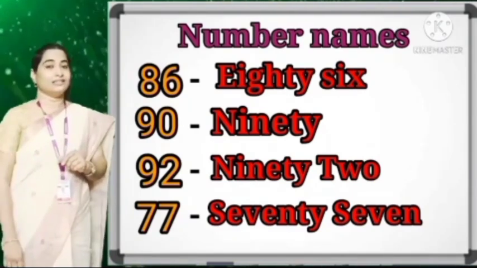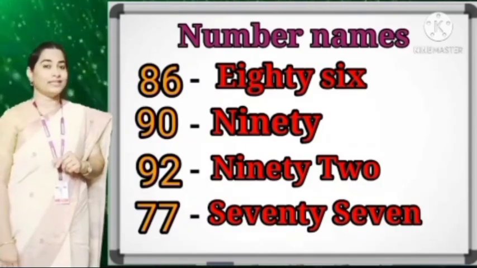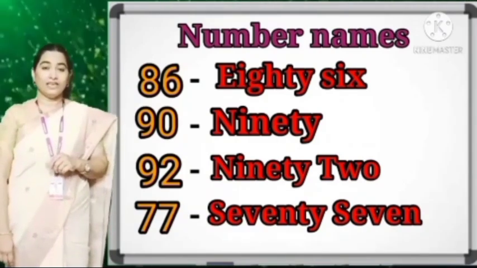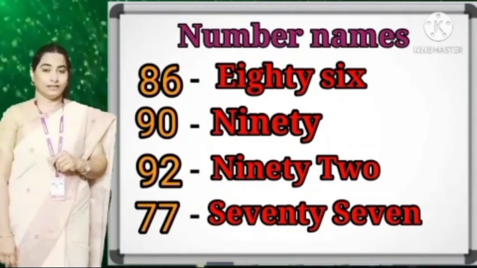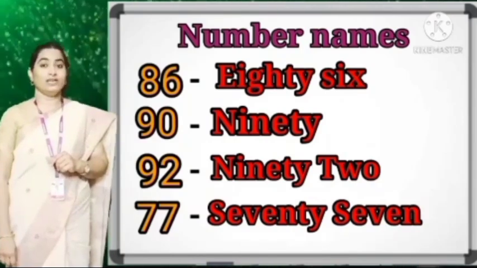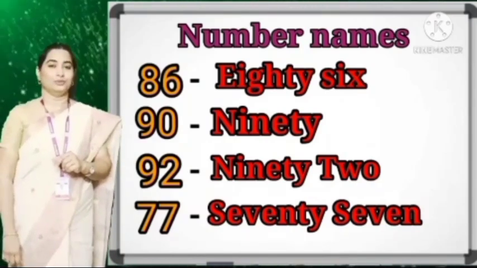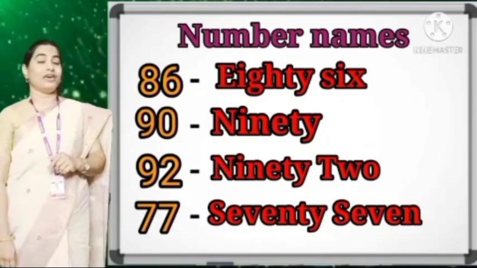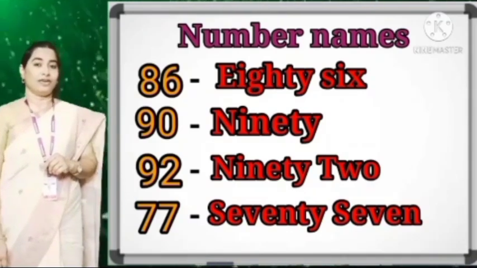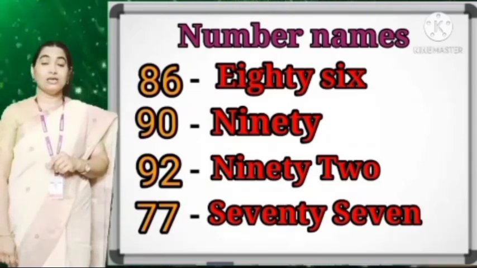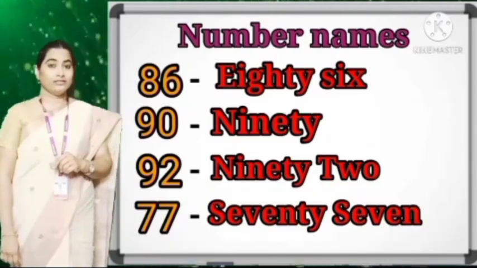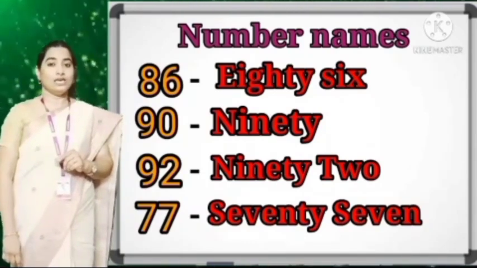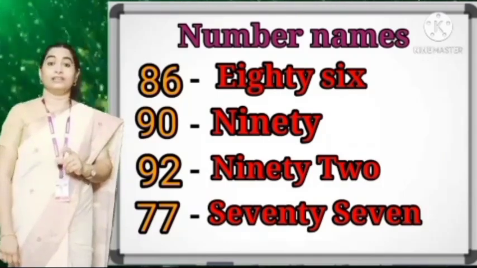Next is 92. N-I-N-E-T-Y, 92. T-W-O, 2. So what is the next number now? It's 77. S-E-V-E-N-T-Y, 77. S-E-V-E-N, 7.